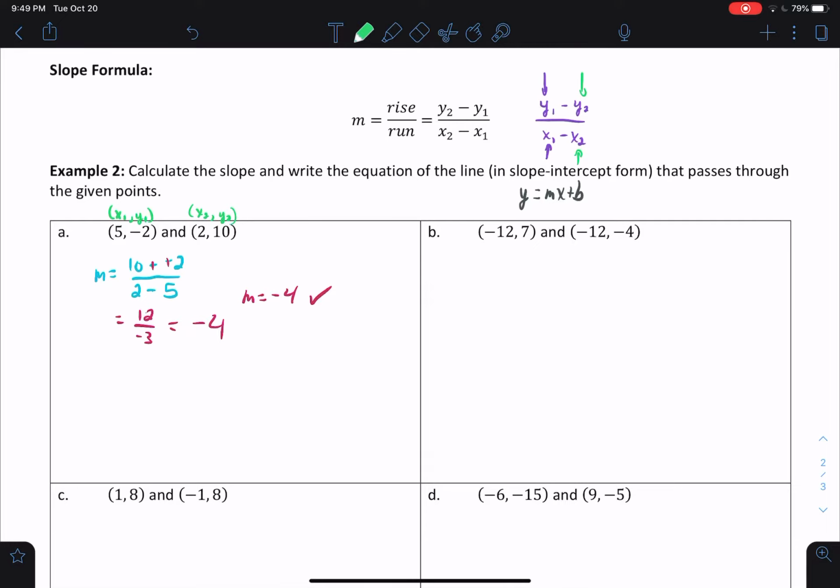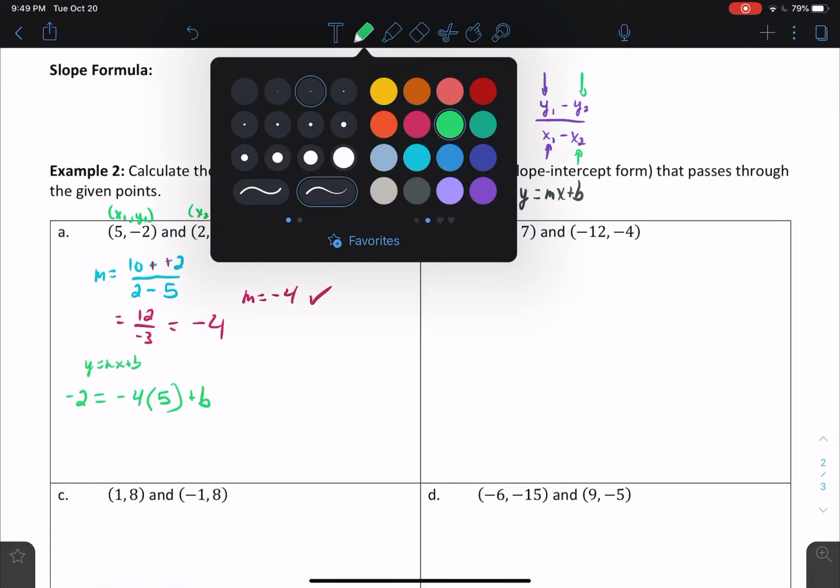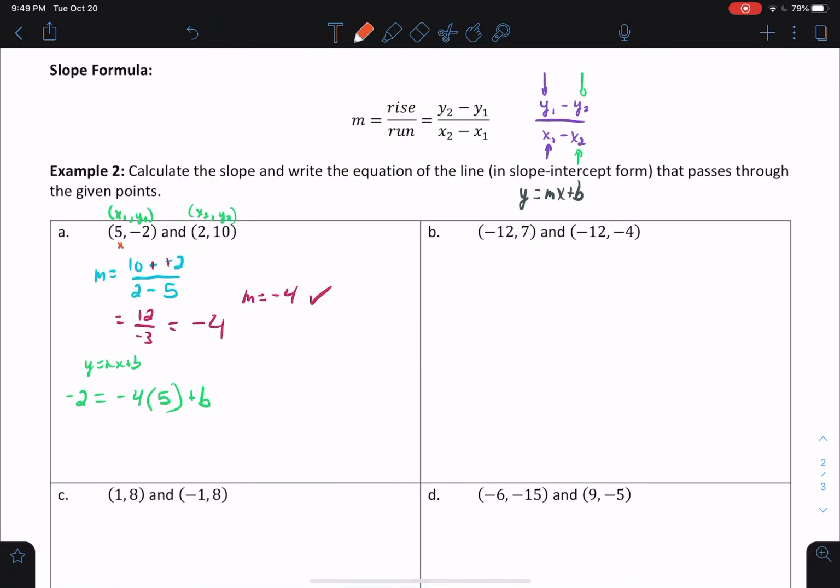So we got y equals mx plus b. I'm going to plug in negative 2 for y equals my slope, which is negative 4, times x, which is 5, plus b. I'm taking the x coordinate and the y coordinate of this point, and plugging those in for x and y, and now the only thing left to solve for is b.